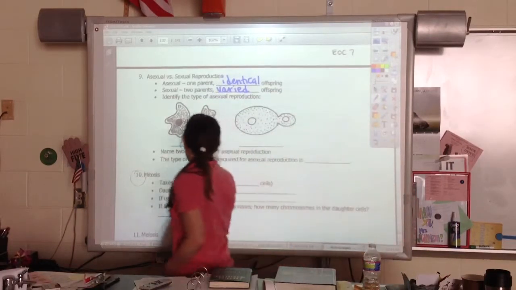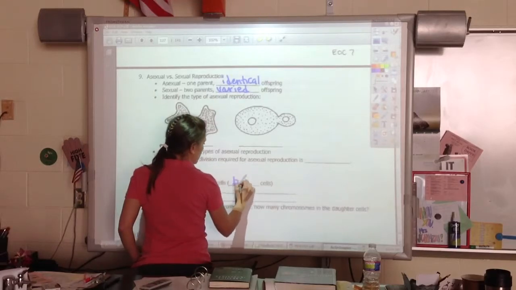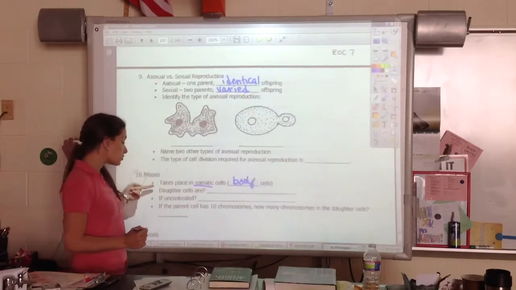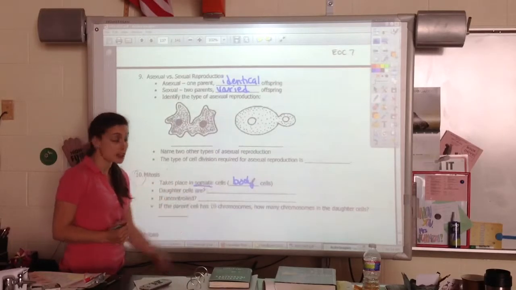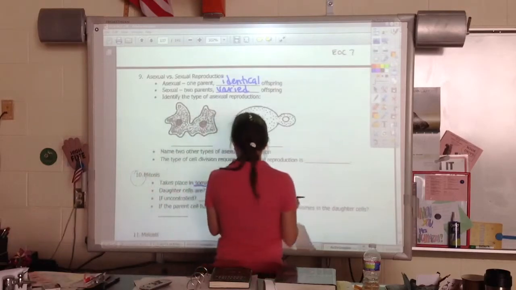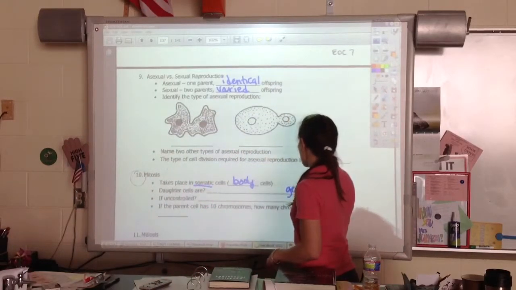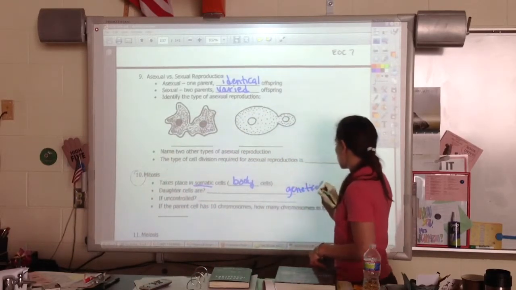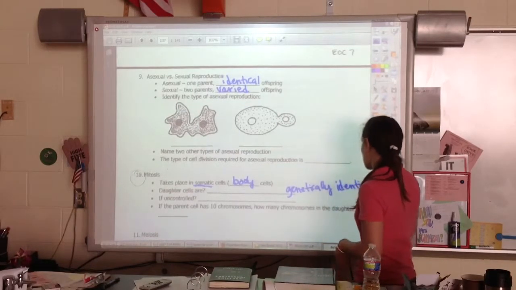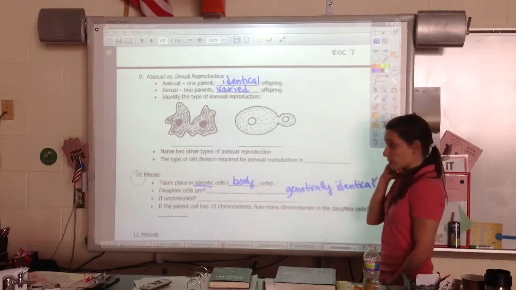Keep in mind, somatic cells are the same thing as body cells. So if you have a cut or a blister, mitosis is going to happen there to heal it. And then you do want to remember that daughter cells are genetically identical. Sometimes we call them clones because they are exactly the same as what the parent was.